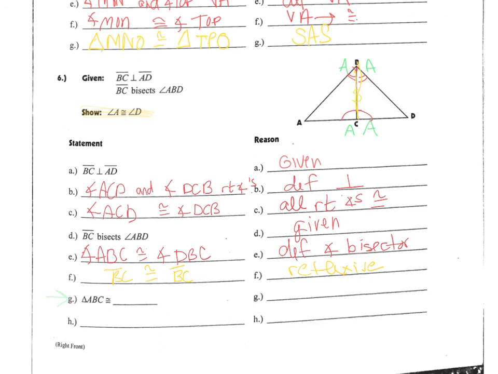And so I'm now going to be able to say that these triangles are congruent by angle, side, angle. So I'm going to have triangle ABC congruent to triangle DBC. And we already said that's by angle, side, angle. And so now I have enough to say that angle A is congruent to angle D. And that's because the corresponding parts of congruent triangles are congruent.